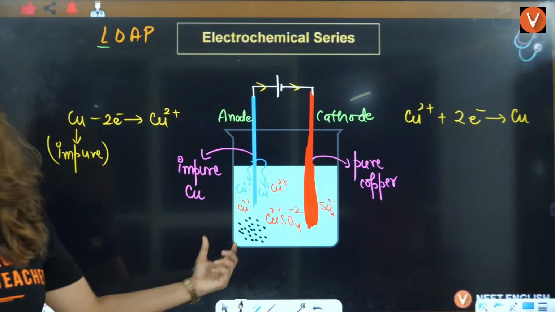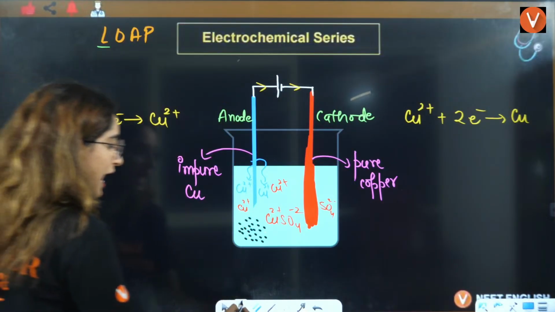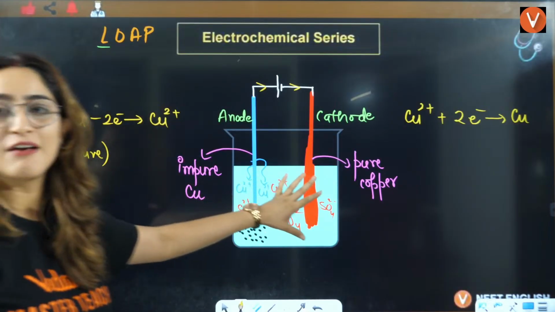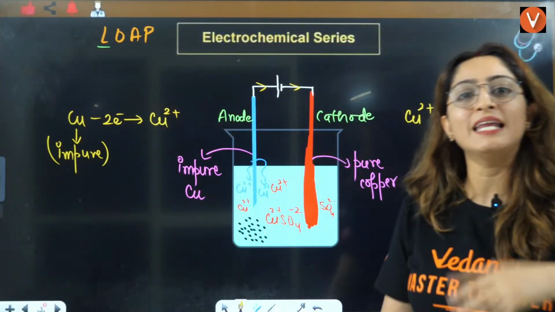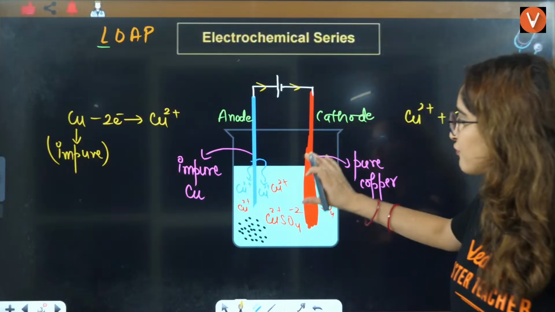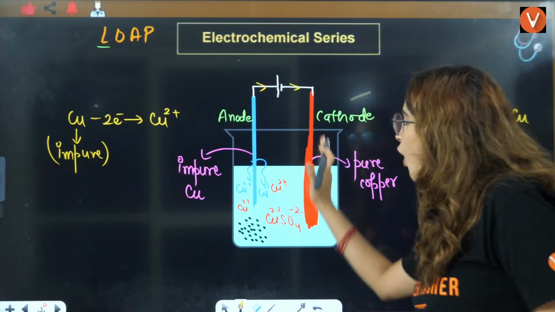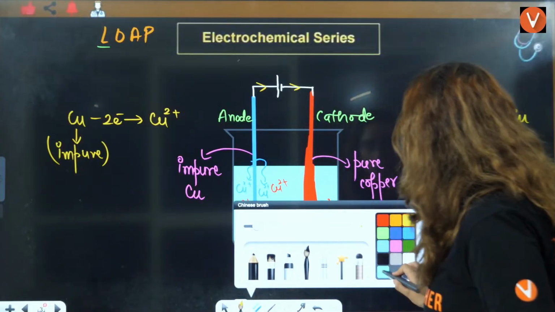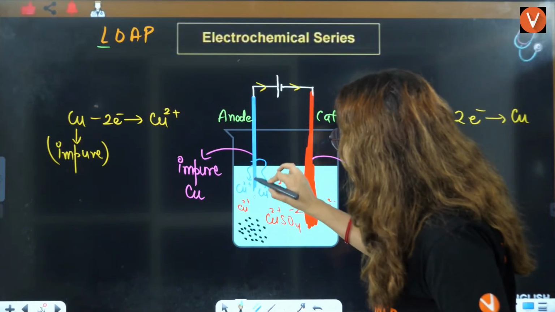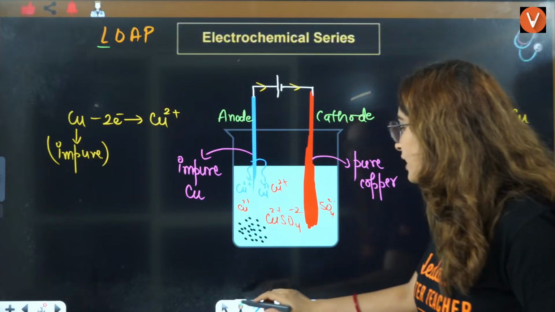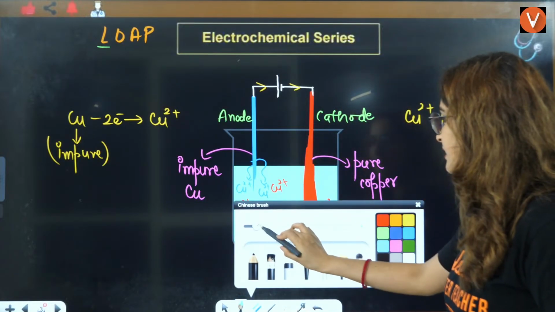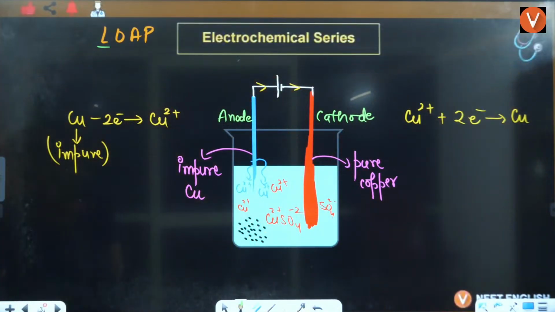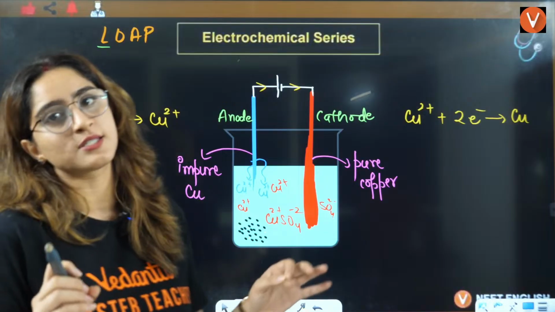And here, when Cu2+ ions are gaining the electrons, you have the formation of only pure copper over it. So impure copper is getting converted to pure copper, and the electrode thickness is slowly and slowly decreasing. That is the overall process of electrolysis.